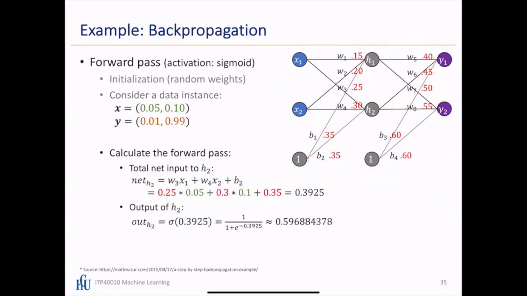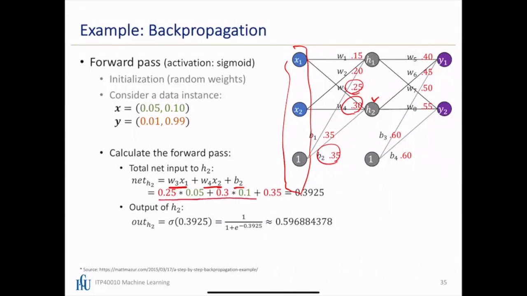And you're doing the same thing for H2. The input is the same, the only difference is the weight values. So here you're going to take the combination of W3, X1, W4, X2, and B2. So 0.25 and 0.05 and so on.